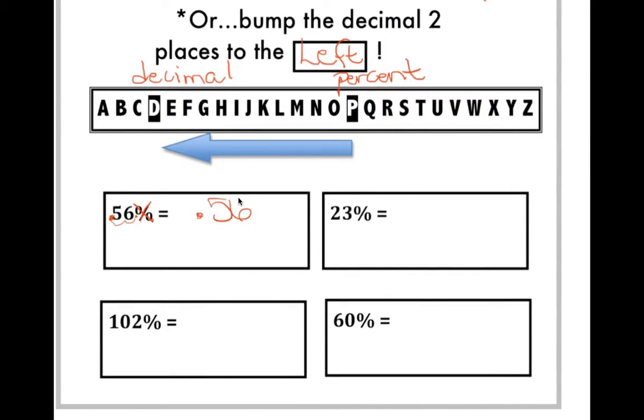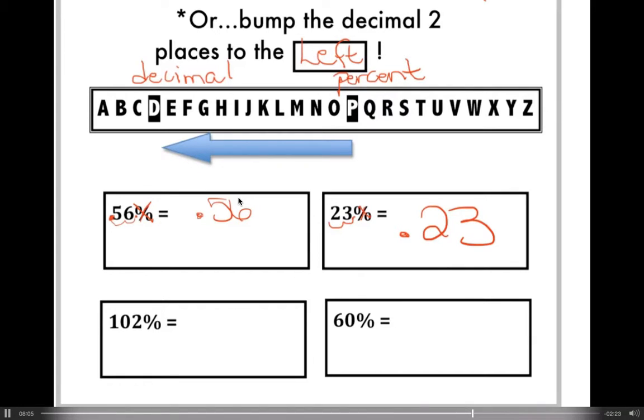Okay, 23% is going to be very much the same. Cross off the percent sign, move that decimal 2 places, and it becomes 0.23. You guys are doing awesome so far. Now we have 102%. Just like I told you before, anything over 100% is going to be a number greater than 1.